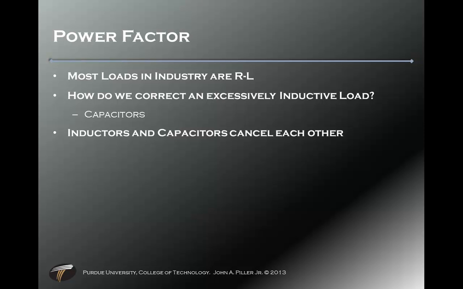So how do we correct an excessively inductive load? Well, if we have too much positive 90 degrees, we add an equal amount of negative 90 degrees and we can cancel it to 0. We'll never get all the way there, and we'll discuss the reasons why we don't actually want to. But essentially, inductors and capacitors cancel each other out. So if you have 10 ohms of an inductive load and 10 ohms of a capacitive load, you add them together and you end up with a purely resistive load.